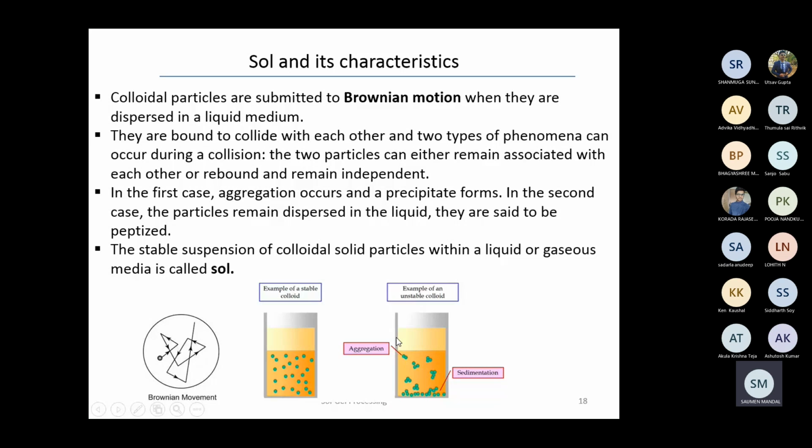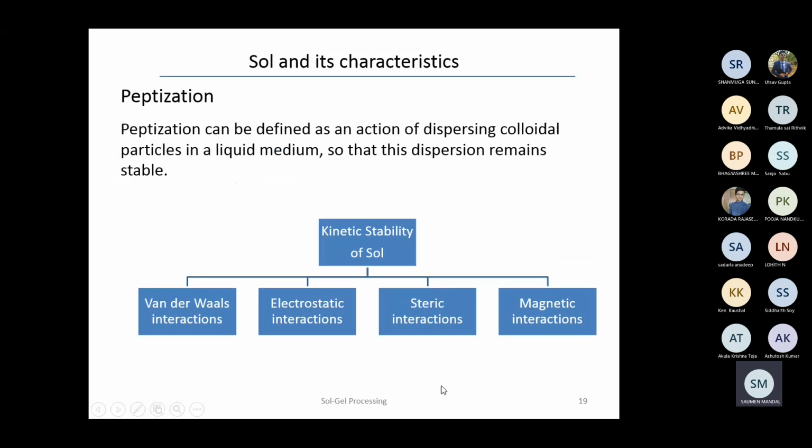If aggregation or agglomeration is happening, then we can immediately observe sedimentation, but generally sedimentation should not happen. Peptization can be defined as the action of dispersing colloidal particles in a liquid medium so that the dispersion remains stable. This is the kinetic stability of the Sol.